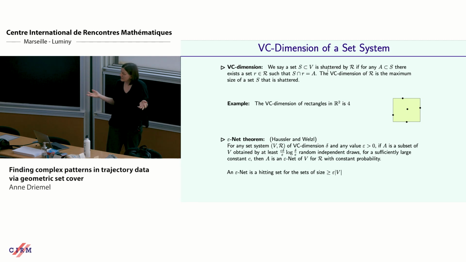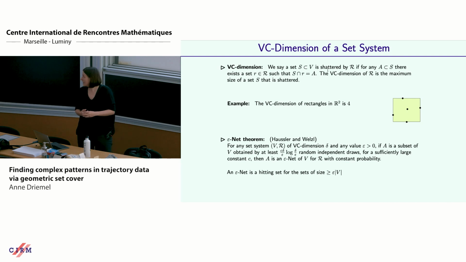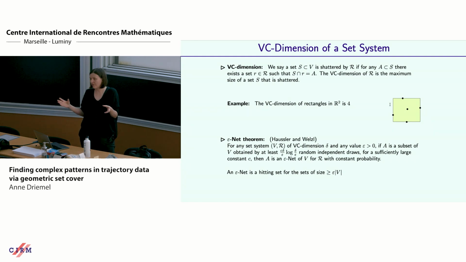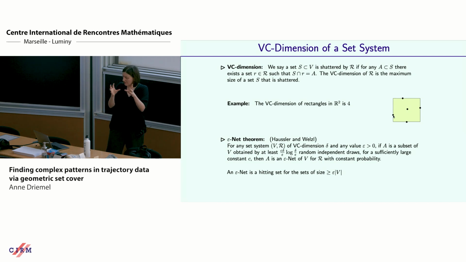But many set systems that occur in real life don't have this complexity. They have low VC dimension. And here you could, for example, think of just a set of rectangles in the plane, and this VC dimension is 4, because any set of 4 points can be shattered, because I can represent any subset of the set as an intersection with a rectangle.